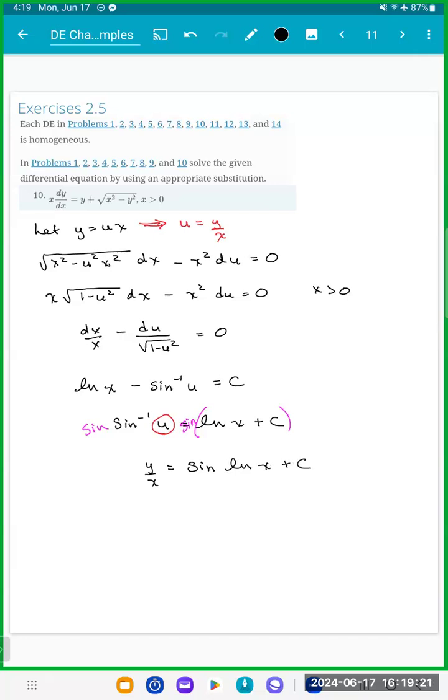And so we can get y by itself by multiplying both sides by x. So y equals x sine of ln of x plus c. Okay.